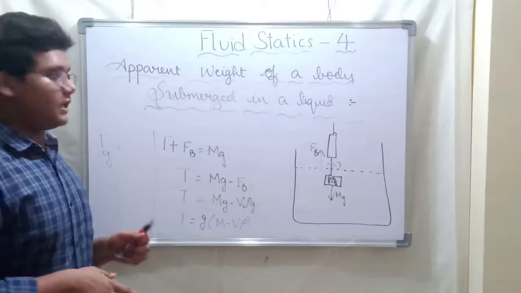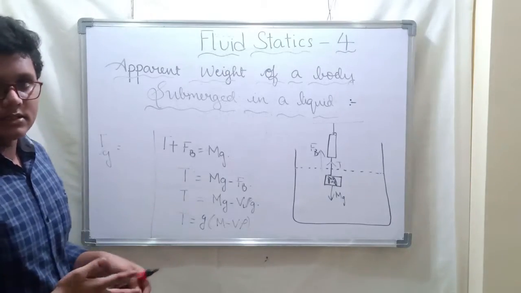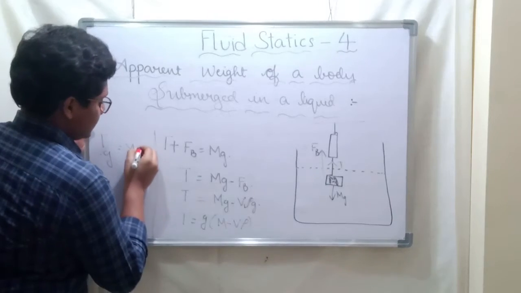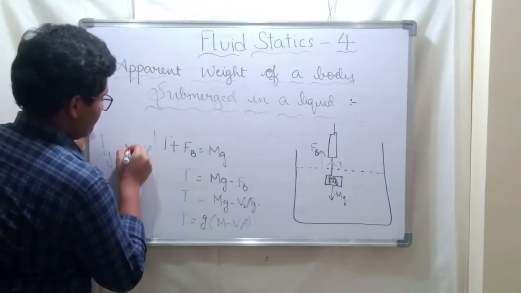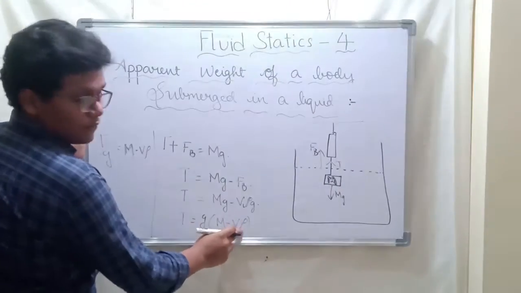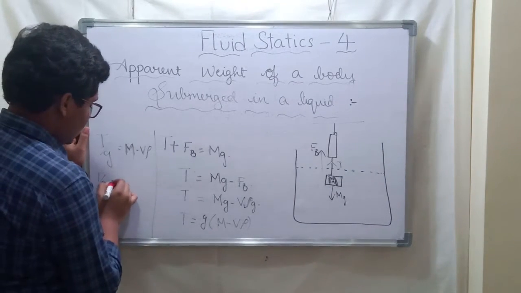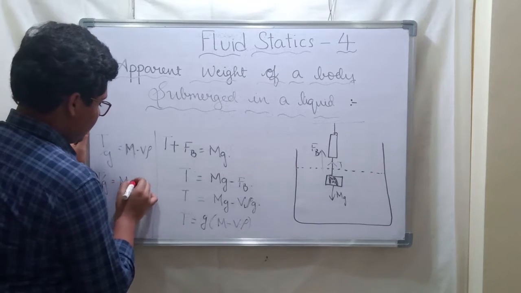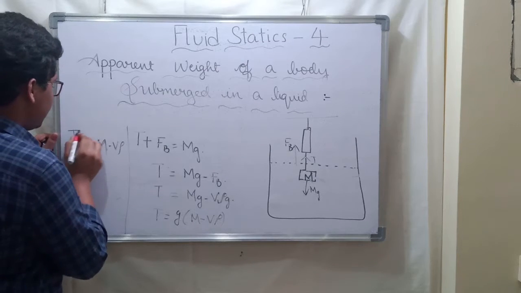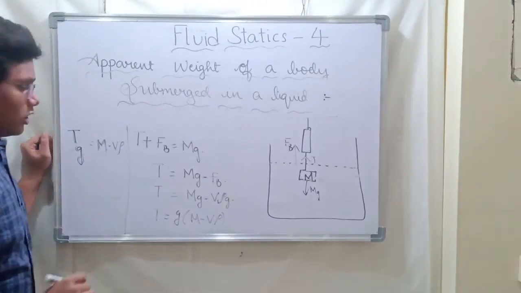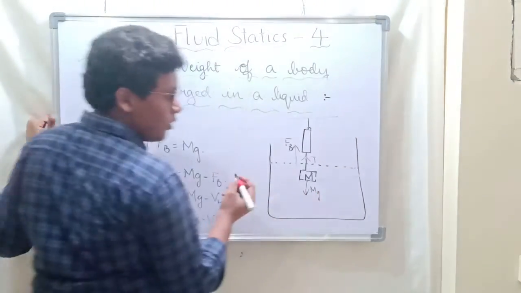Tension by gravity is the reading of the spring balance. You may learn it. So T by g is equal to m minus V rho, volume of the body into density.